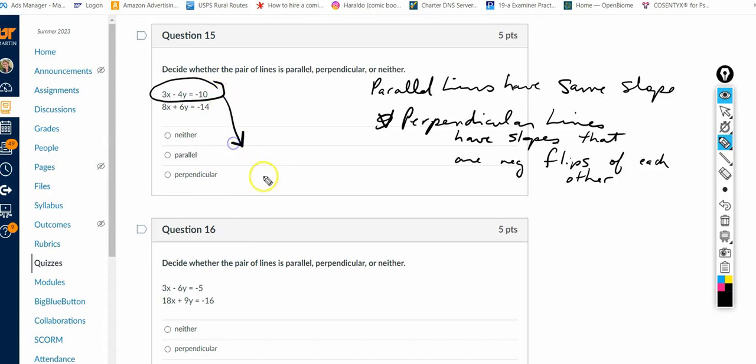It has to be in the form where y is by itself on the left-hand side. And if you're going to put this in your graphing calculator, you're going to have to write it to where y is by itself on the left-hand side. So you're going to have to do that anyways. So let's subtract 3x from both sides.